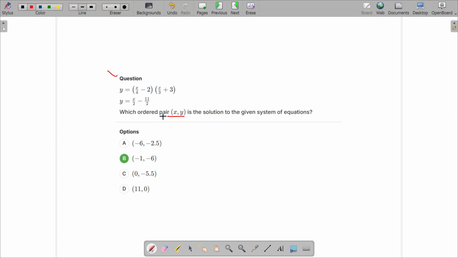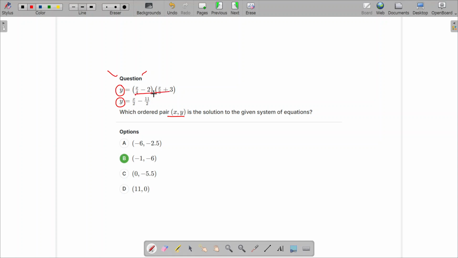Which ordered pair x comma y is the solution of the given system of equations? I'm getting two solutions. Why did I put one in the first, other in the second? There's one way. First way is to equate both of them and form a new quadratic equation and then put it on Desmos. Second is directly put it on Desmos, equate them.